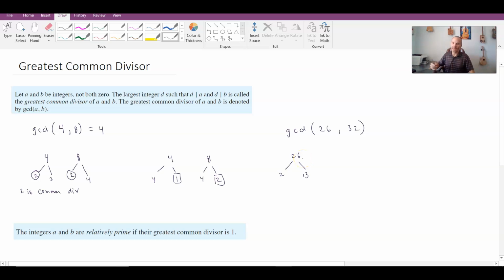That's not divisible by anything other than 1 and itself. But if I look at 32, 32 is also divisible by 2 and leaves me with factors of 2 and 16. Now 13 and 16 no longer share a common factor, and so the GCD between 26 and 32 is 2. That's the largest number that divides both of them. Soon we'll establish how we locate such a greatest common divisor in a more algorithmic way.